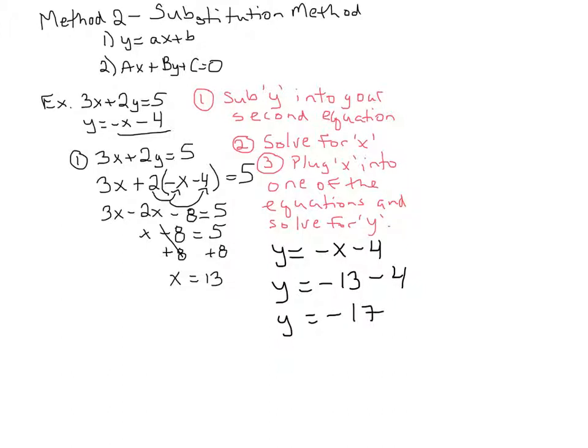And so my solution by substitution method here is the point (13, negative 17). You could have subbed it into this first equation and solved for y, and you would have got the exact same answer. But I think this one is easier.